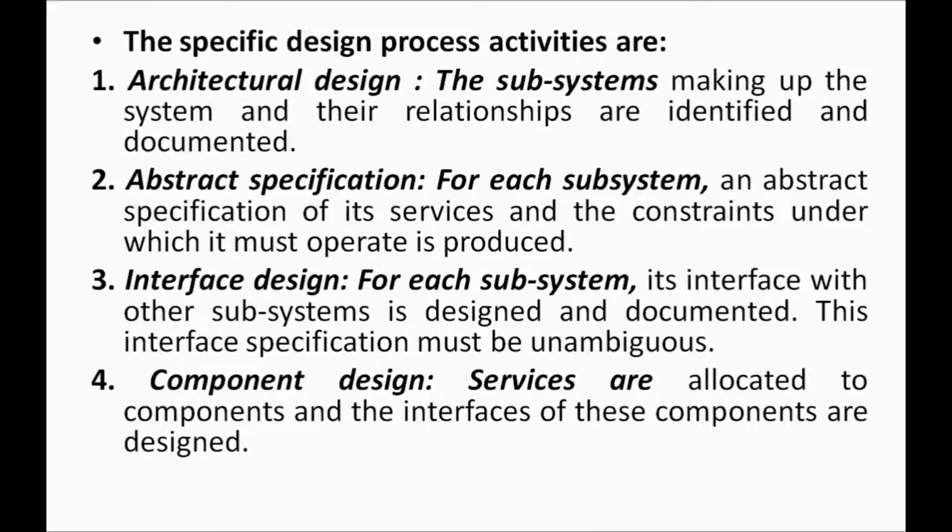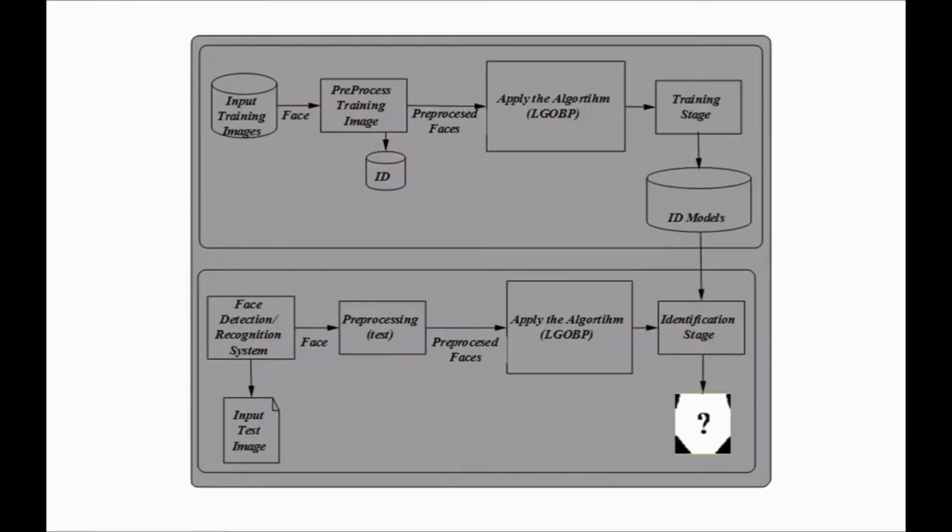By seeing that overall architecture, you can come to know about the components, subcomponents or subsystems and the relationship between the subsystems. For example, this is the architecture of a face identification project, the software for face identification. This is the system architecture.